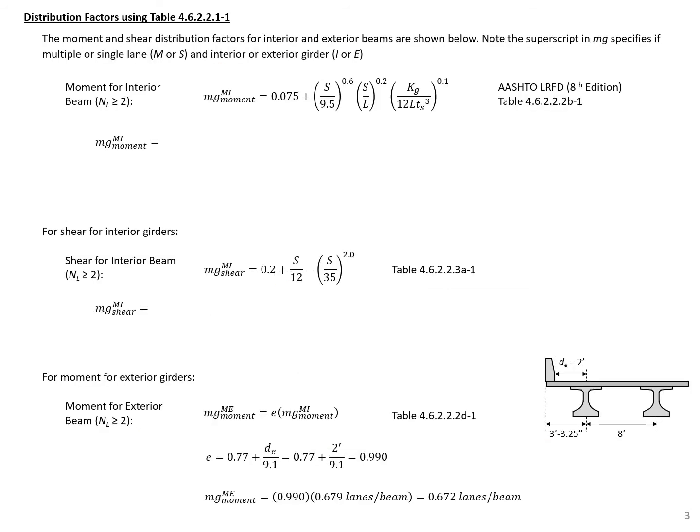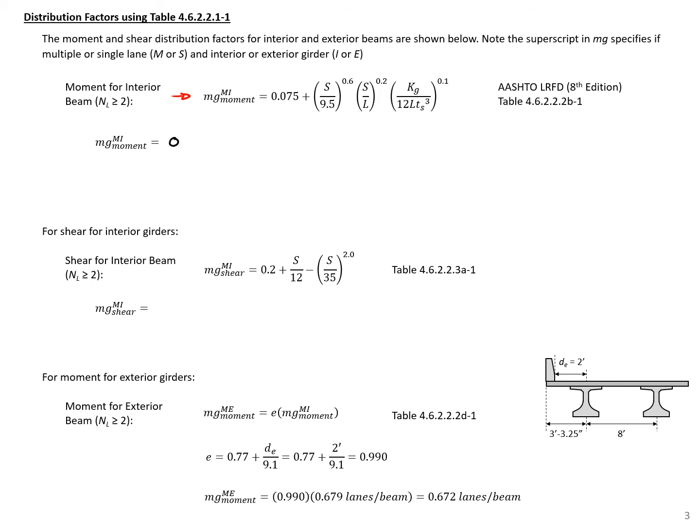So next we can look through the different tables in AASHTO for our different distribution factor equations. And the first that we will come to is our moment for an interior beam where we have more than or equal to 2 lanes. So that's the equation that we have here first. So for this equation, we can plug in our known values.